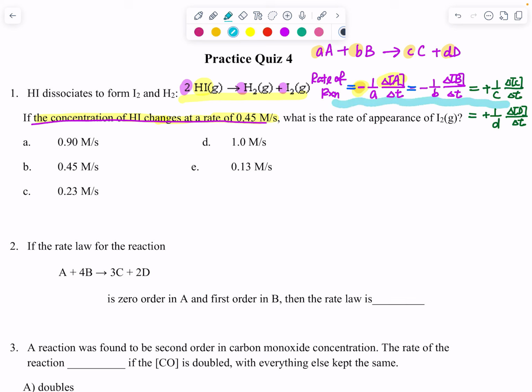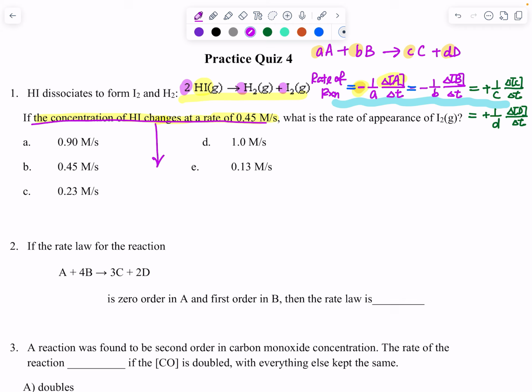This sentence says how fast the concentration of HI, our reactant, is changing. At this moment we're not associating that information with the overall reaction; we're simply saying how fast this reactant is being consumed.